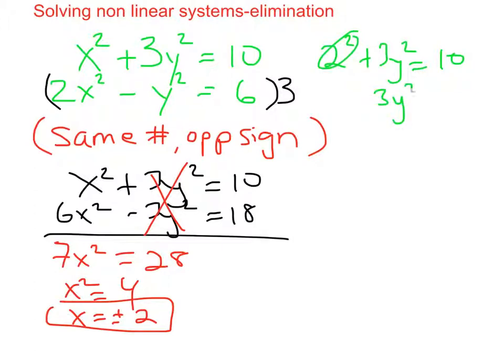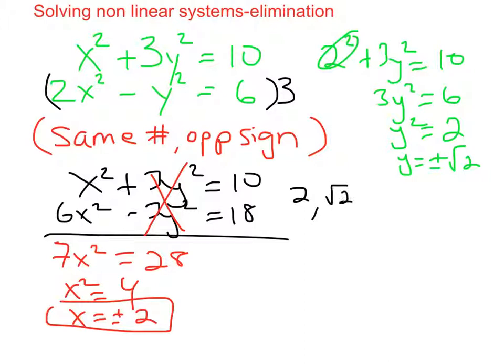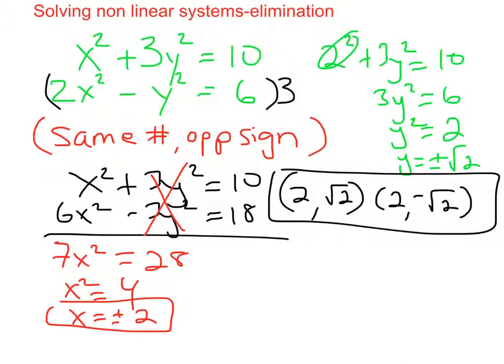Can you see that I get 3y squared equals 6, so y squared equals 2, so y equals positive and negative square root of 2. Remember, I took the square root. Please, please, please, you cannot forget, when you are square rooting both sides of the equation, you have to do a positive and negative. So just by plugging in positive 2, I have two answers so far: (2, square root of 2) and (2, negative square root of 2).